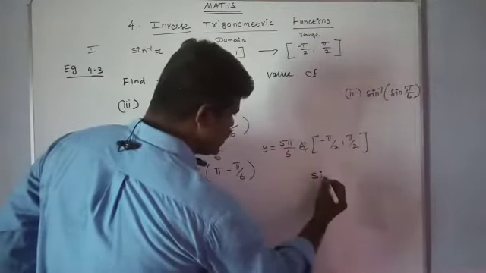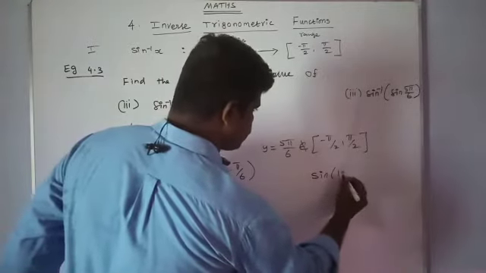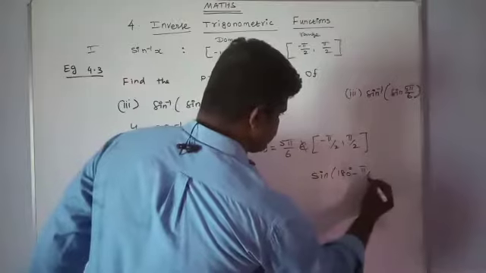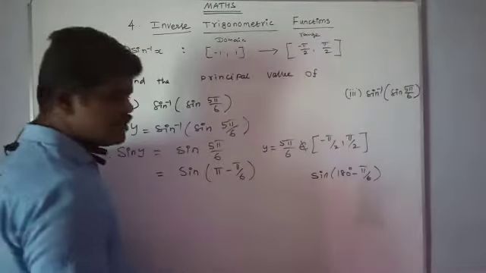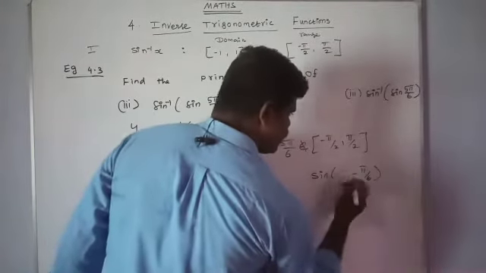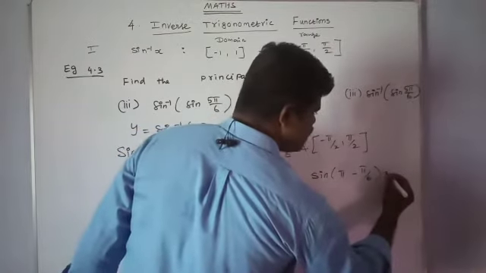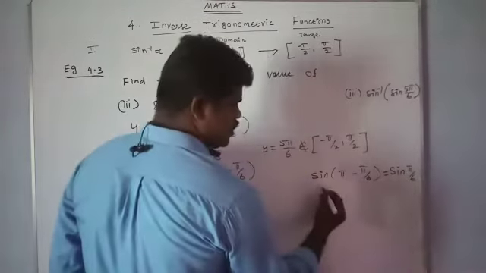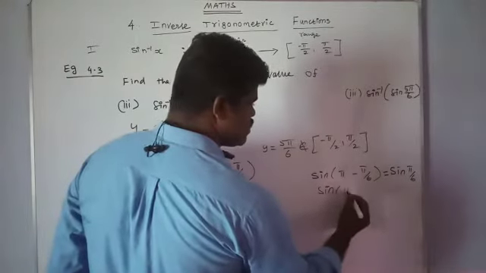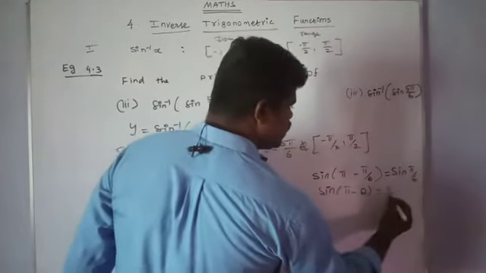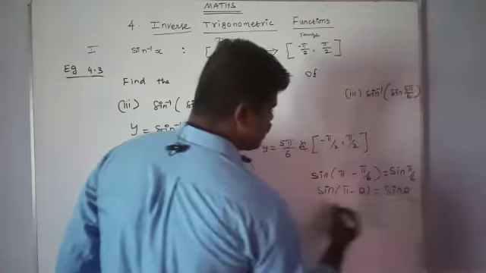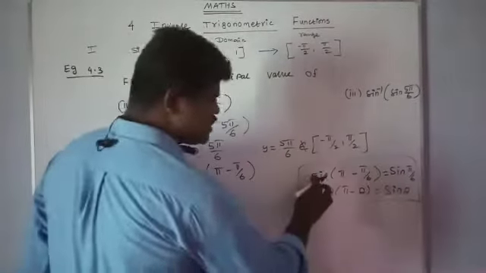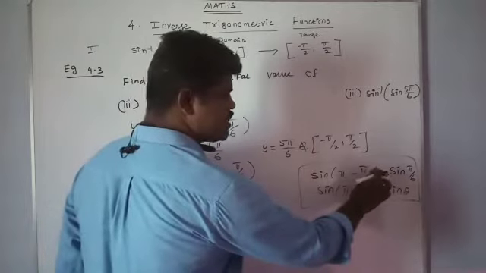And we want to find the value. Already you know in the 11th standard, 180 degree minus pi by 6. Sin of pi minus theta equals sin theta. You know this in the 11th standard. This is the same as that, where theta is pi by 6.